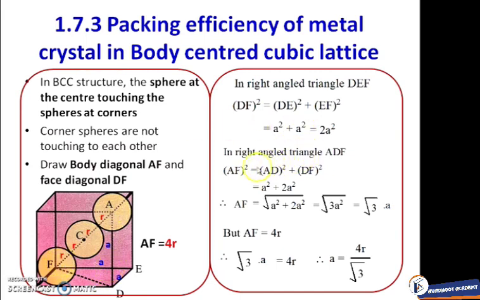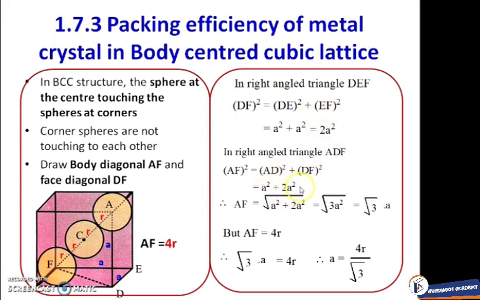According to Pythagoras theorem, AF square is equal to AD square plus DF square. So that is equal to a square, because AD is equal to a, plus 2a square, because here we have calculated DF square is equal to 2a square.